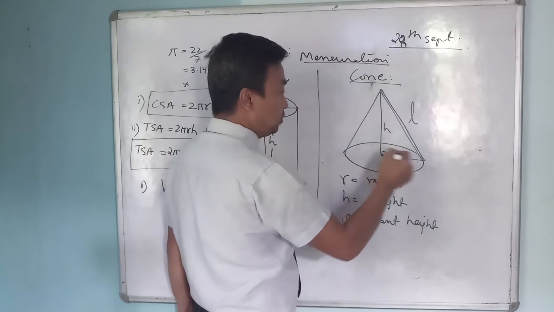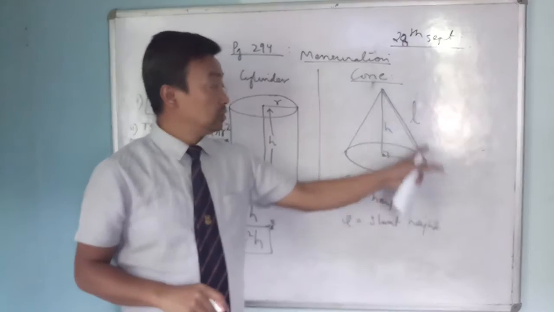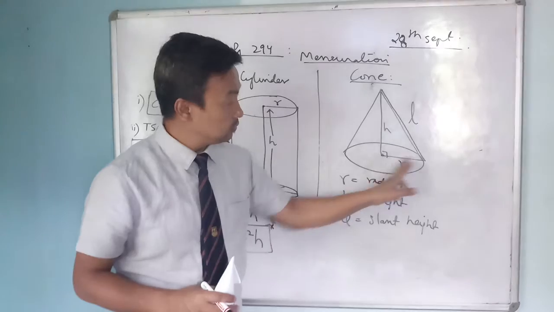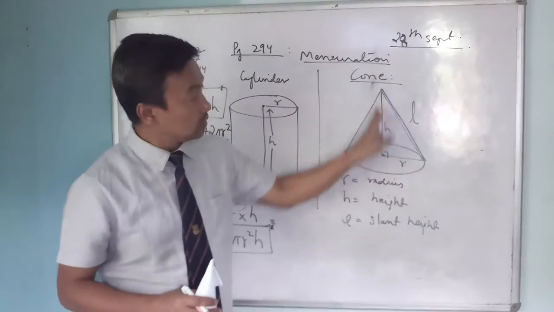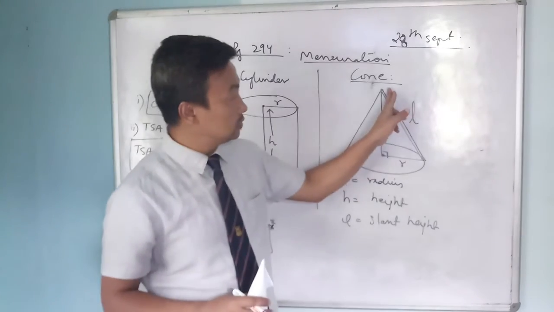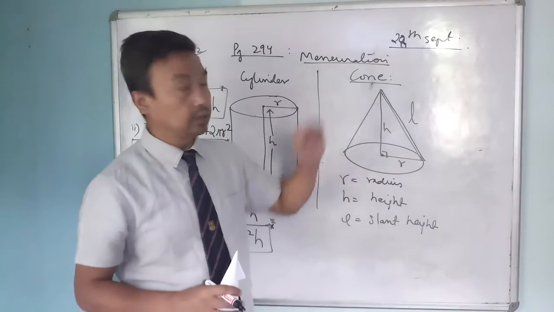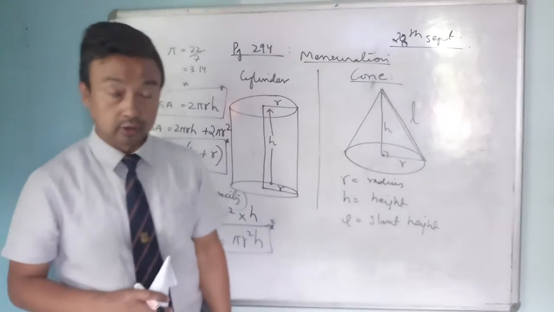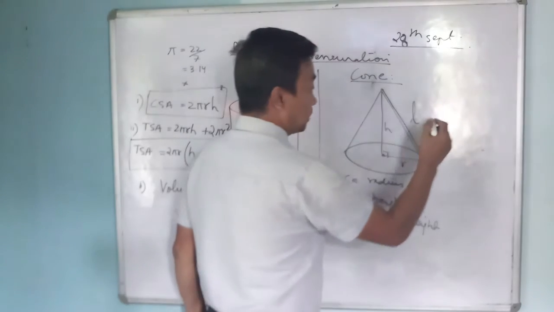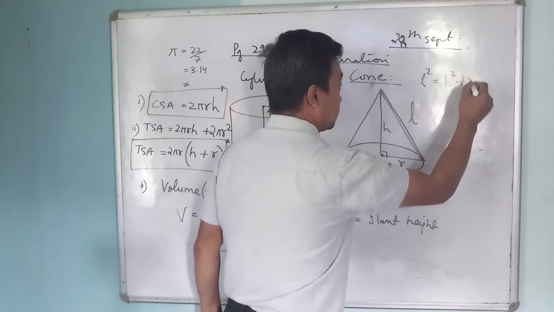Now for example, if you only concentrate on this figure, and you suppose you take it as a triangle, two-dimensional figure, it will resemble the right angle triangle. So in the right angle triangle, this is looking like a hypotenuse, this is looking like a base, and this is looking like a perpendicular. So from the Pythagoras theorem, here also we can apply this relation: L square equals h square plus r square.